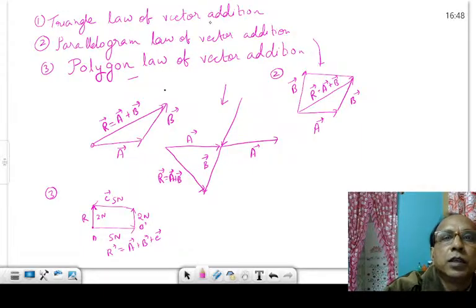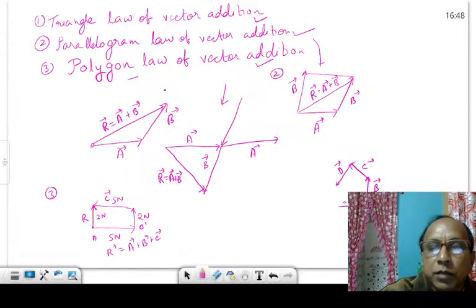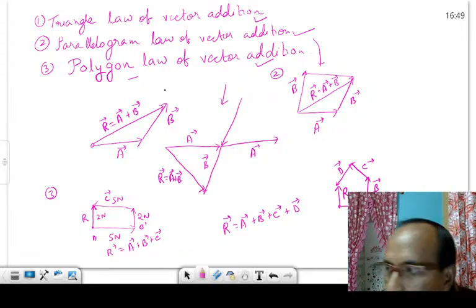Right? So we applied three laws: the triangle law, the parallelogram law, and the polygon law of vector addition. Again, if you see, this is vector A, this is vector B, this is vector C, this is vector D. The resultant will be from the initial point of the first vector to the final point of the last vector. Therefore, the resultant vector we get here is vector A plus vector B plus vector C plus vector D.